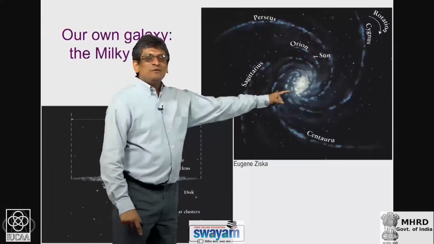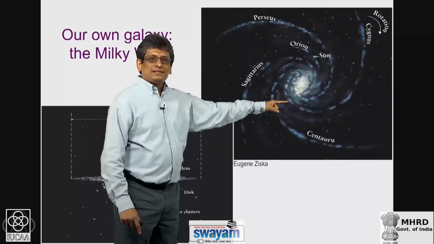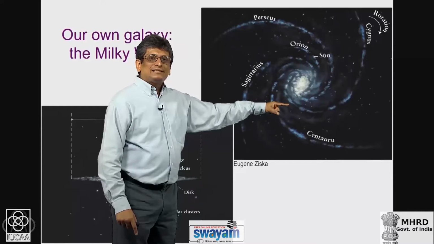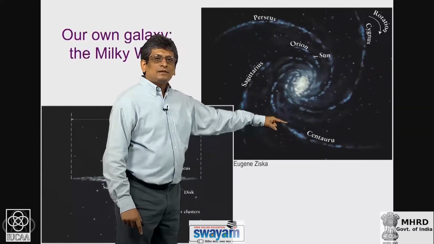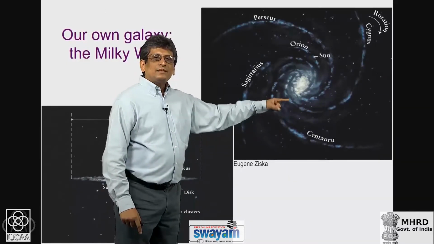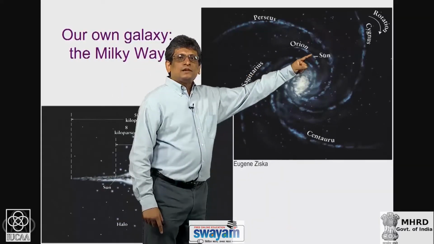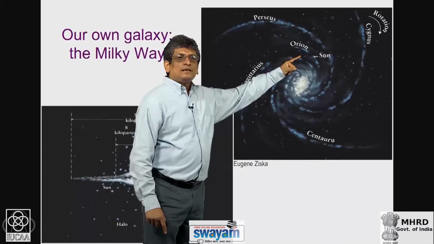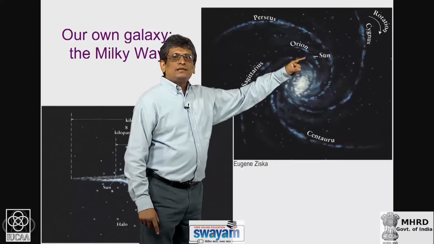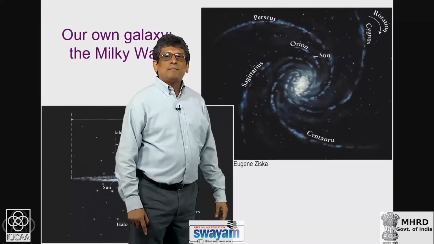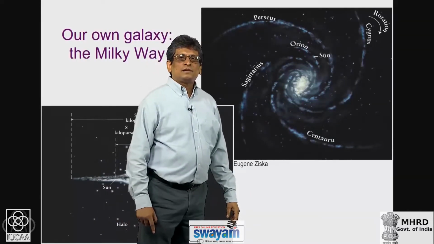If this is a view from the top of the galaxy, not from the side, we can see that it's a flat galaxy which has at least 5 spiral arms, and the sun lies near one of these spiral arms, and the sun is going around the galaxy about 8 kiloparsecs from the center, which is 8,000 parsecs, about 25,000 light years.